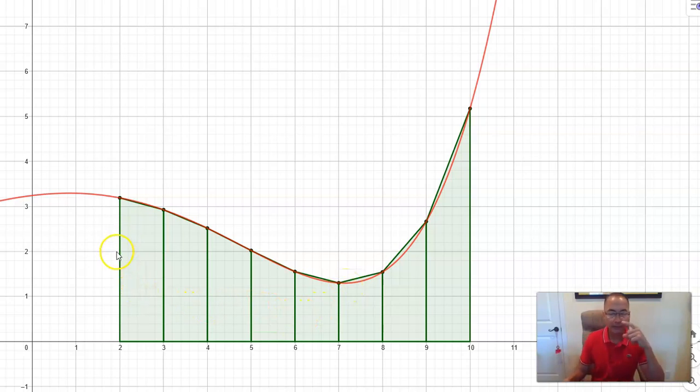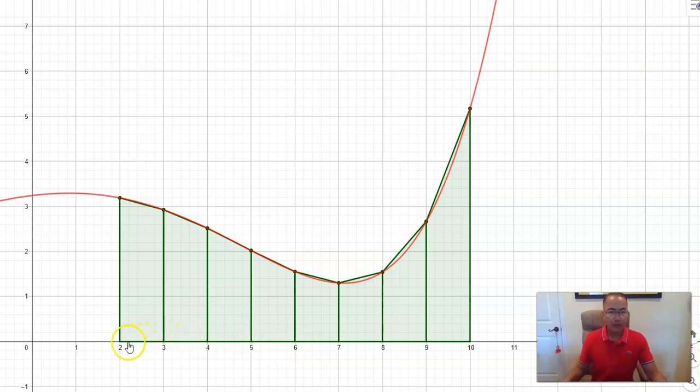So we said the area of a trapezoid is the average of two bases multiplied by the height, okay? So the height in this case is delta x. In this case, delta x equals 1, but in general, delta x can be any number. It could be 1/2 and so on. Of course, it has to be positive.